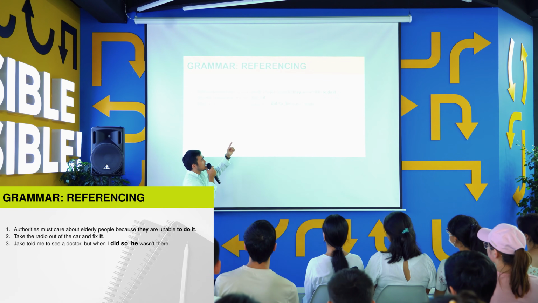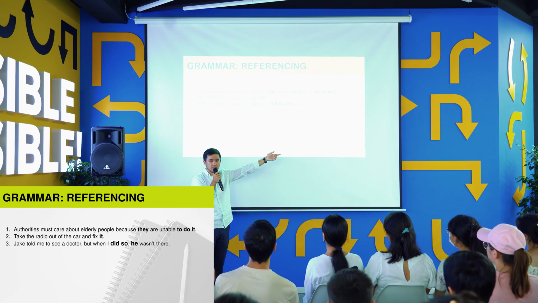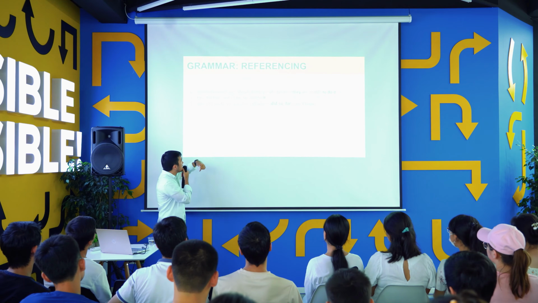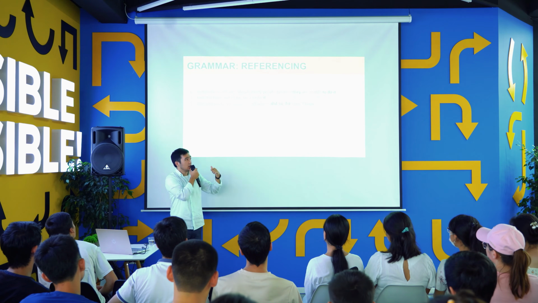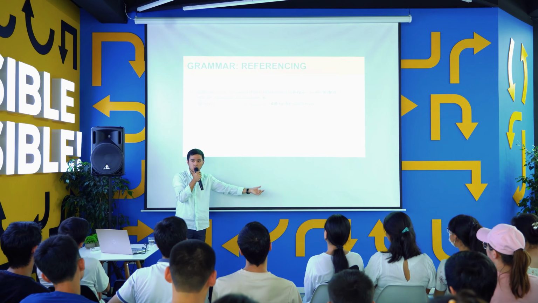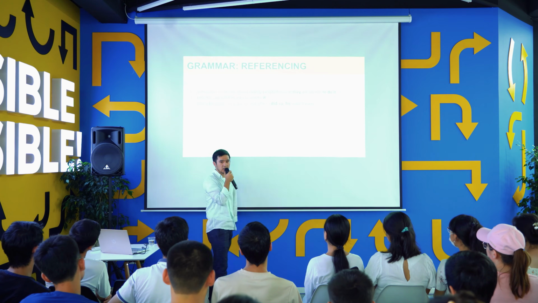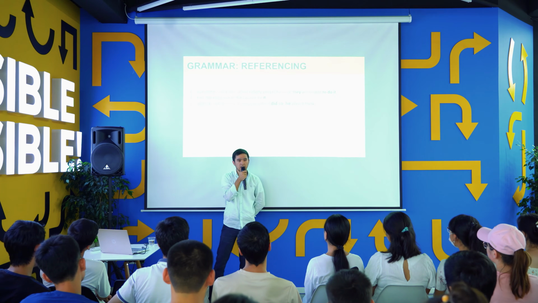I mean, do you understand when I say to do it? To do what? To do what? Care, yeah. To care, because they are unable to care about themselves. Who? Authorities, that's first plural noun, and then elderly people, that's second plural noun, right? When you have two plural nouns and when you put they in the sentence, that's going to be unclear, okay?